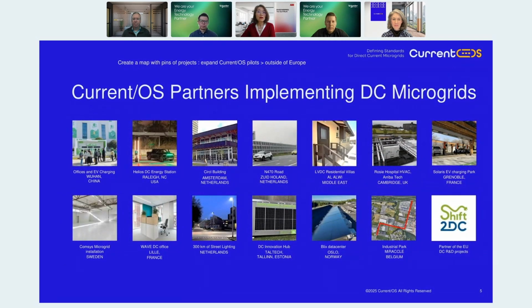The core principle for Current OS is learning from real cases, from real deployments. This slide shows many different applications across the world, in buildings, mobility infrastructure, and energy systems. We can see EV charging, residential buildings, commercial buildings, campuses, energy storage, microgrids, and so on.